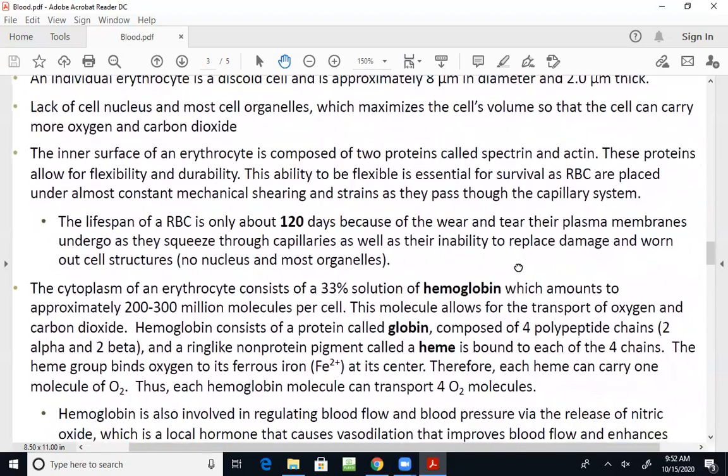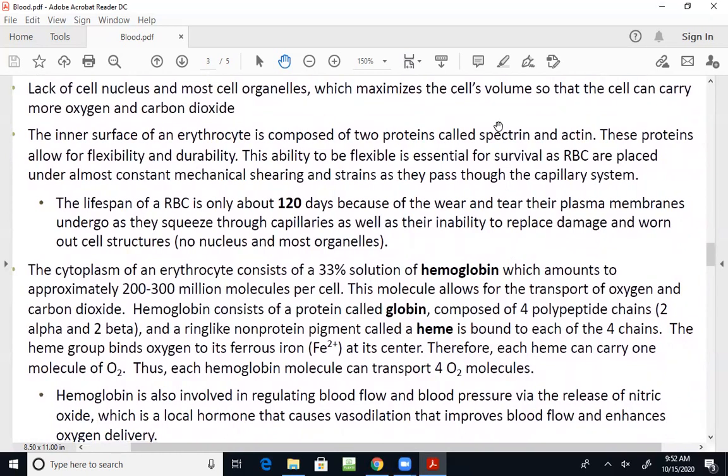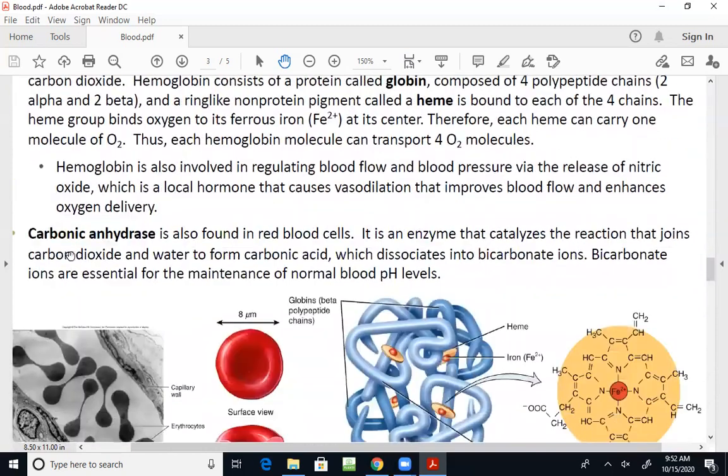I want to talk about some different proteins associated with our red blood cells. First are spectrin and a familiar friend of ours, actin, which are found on the inner surface of a red blood cell. And I would highlight this. They are what allow for the flexibility and durability of a red blood cell.